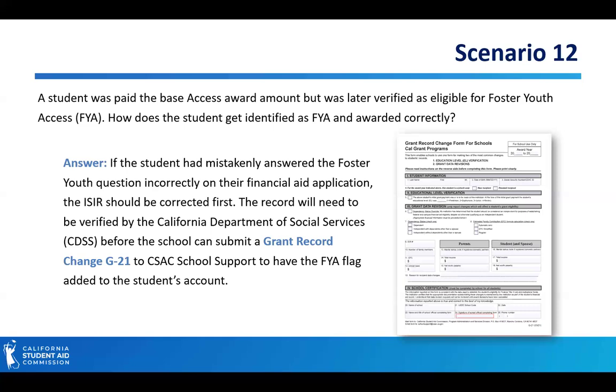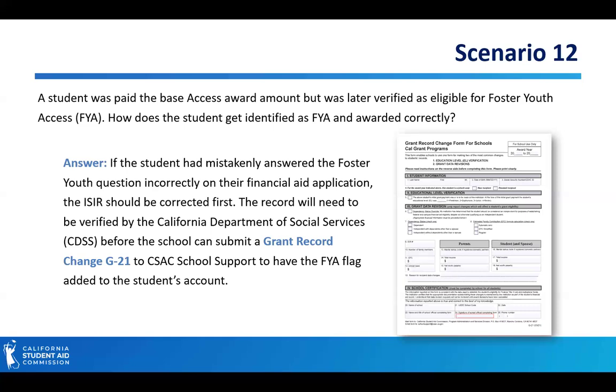In this case, we will need to work with the student and have them update their ICER. We want them to again identify. Also, once that happens, we need to work with the CDSS, or California Department of Social Services, to verify that, again, they are eligible.